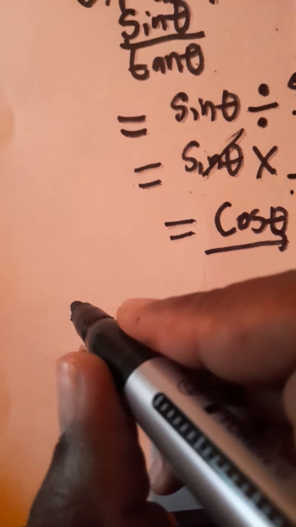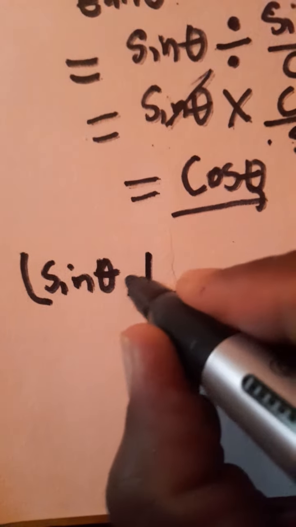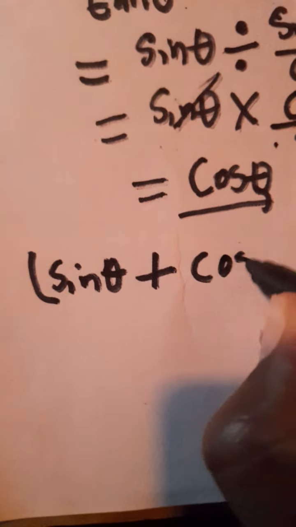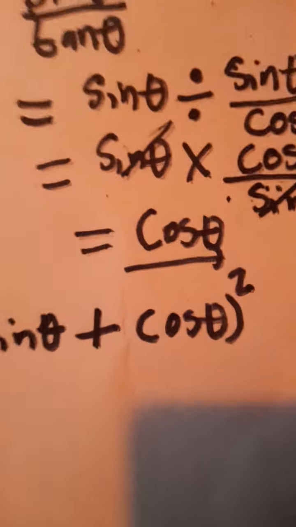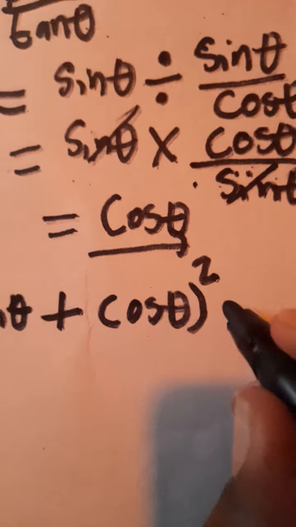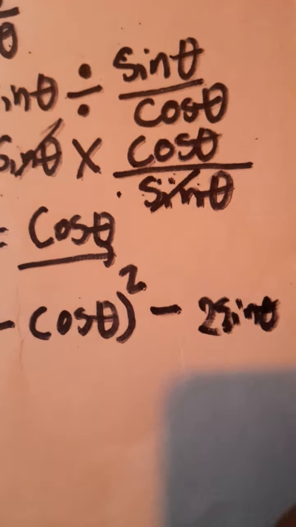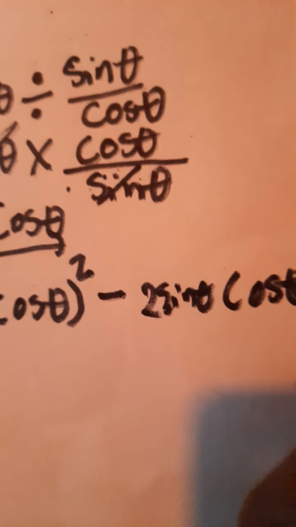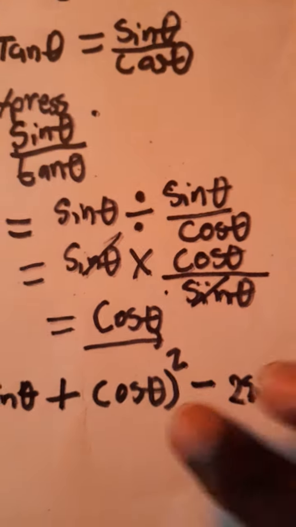Okay. What about if the question requires a square identity? Consider this: sine theta plus cos theta, squared, minus 2 sine theta cos theta.